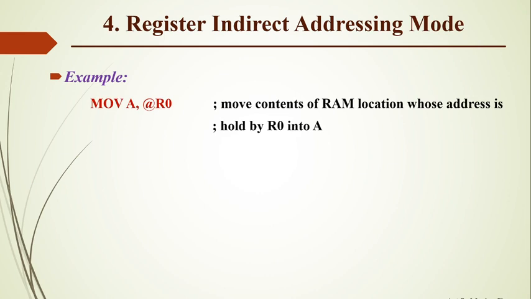The instruction is MOV A, @R0. The @ sign preceding R0 indicates that R0 is used as a pointer. R0 holds the memory location or RAM location, and the content of that location will move into the accumulator.